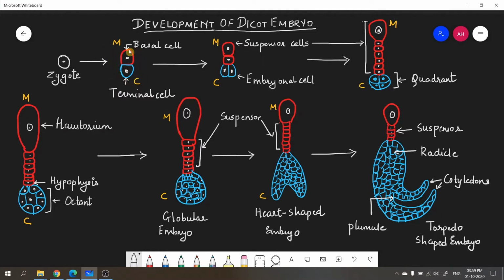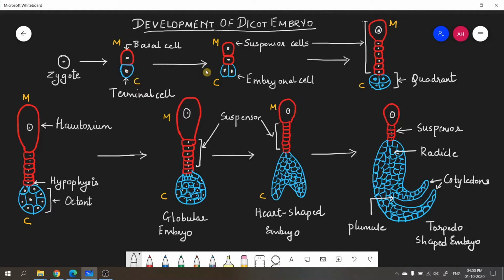An embryo with two cells is called a proembryo, and the cell that is towards the micropylar end is larger and is called a basal cell, also called a suspensor initial cell, and the smaller cell towards the chalaza is called a terminal cell or embryonal initial cell. Alright, now for convenience, everywhere I have mentioned M and C, which indicates micropylar end and the chalazal end.